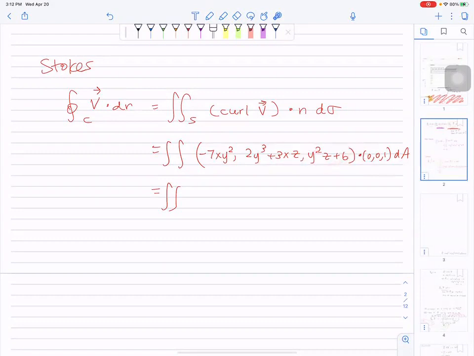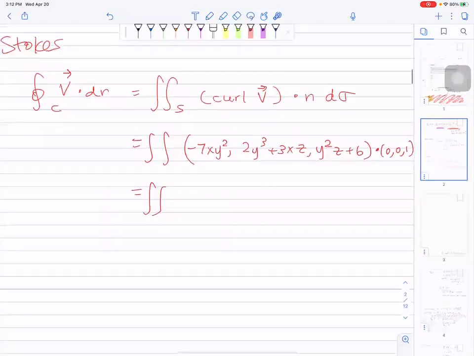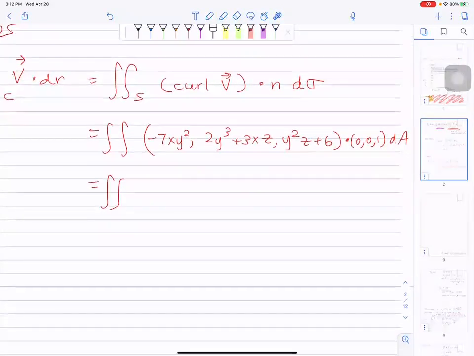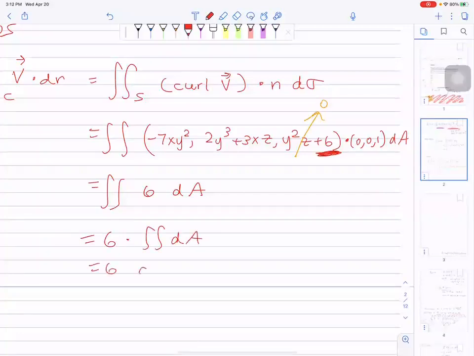I have y squared z plus 6 times 1 dA. But now that we're on the flat circle, we're on the z equals 0 plane, so that whole term becomes 0 and we're just left with 6 dA, or 6 times the area of our circle.